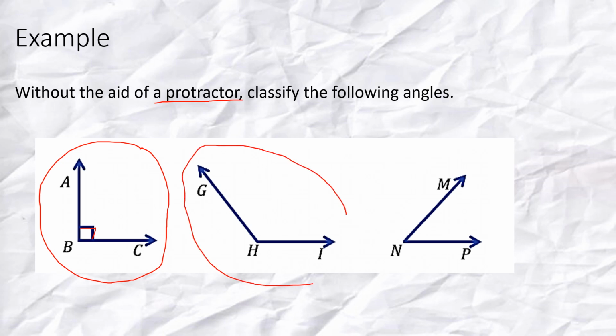Also, in the second figure, we can say that this is an obtuse angle because it is greater than the right angle formation. And lastly, we have an acute angle because it is less than the measurement of a right angle.